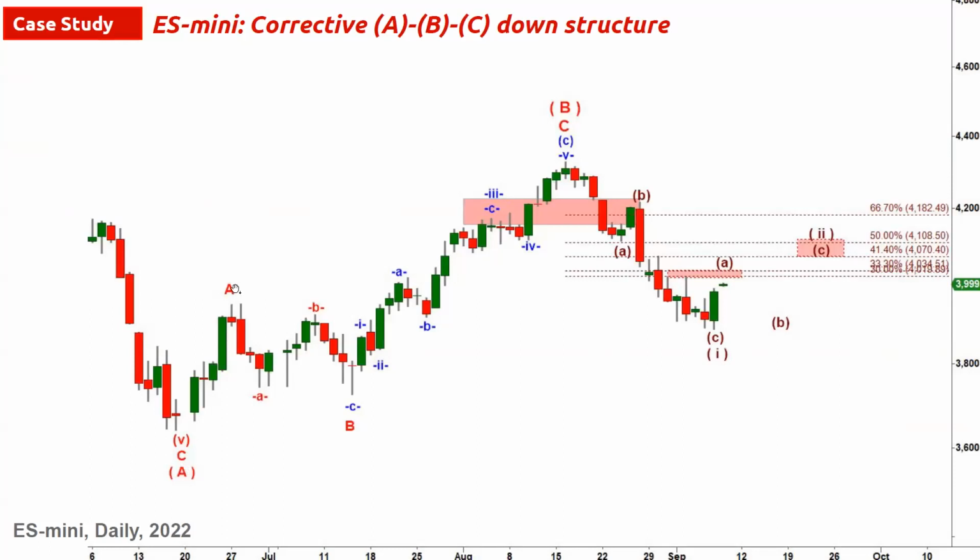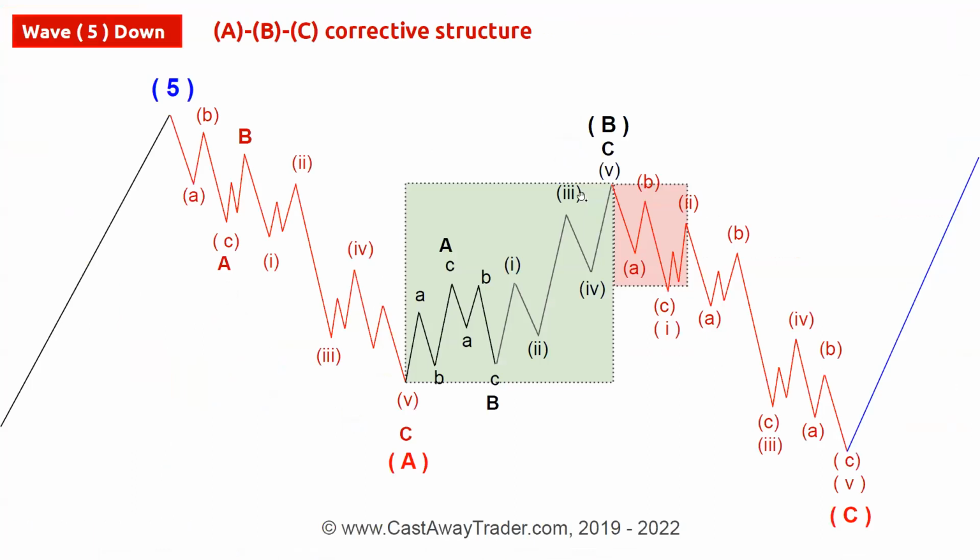We got wave A up, followed by a corrective whipsaw that had an ABC subdivision, that was wave B, and the final 5-wave up move. We could easily count 1, 2, 3, 4, and 5, and that push up retraced around 61.8% of the preceding decline. And I believe that, coming back to the fractal, we are working on that part of the next large leg down in wave C.